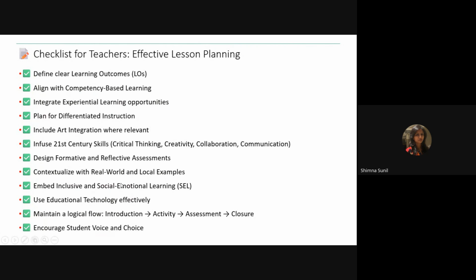Then I look into real world and local examples. Whichever subject you are teaching, when you are preparing a lesson plan, what are the 5 basic criteria that you keep in mind? That is what I want to know.